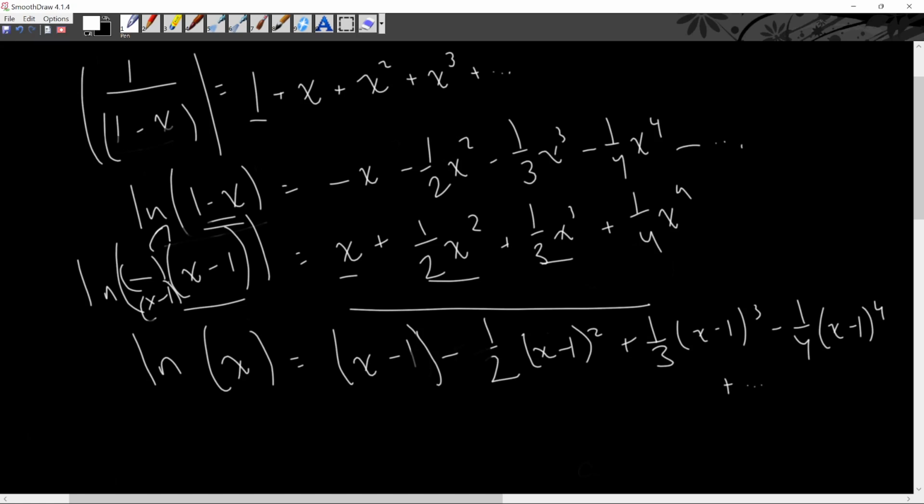This is the series for ln x. And yeah, this is just a series to remember. But how we got from ln 1 minus x, which is equal to a series with a bunch of negative terms, to just x is another issue in and of itself.